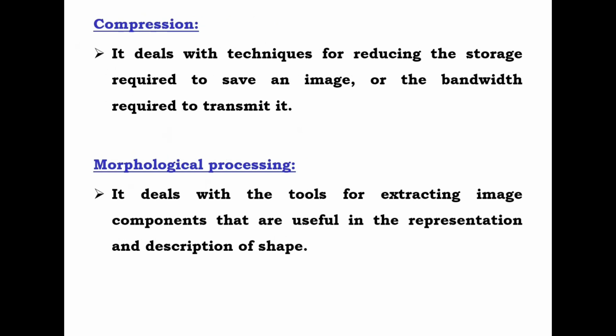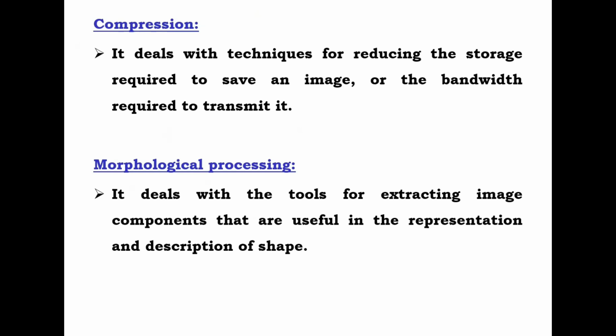Our next step is compression. Compression means, remember, reducing the storage space occupied by an image. Here we are not reducing the size of an image, but with the help of compression we reduce the storage required to save the image, or the bandwidth required to transmit it. The next step is morphological processing.